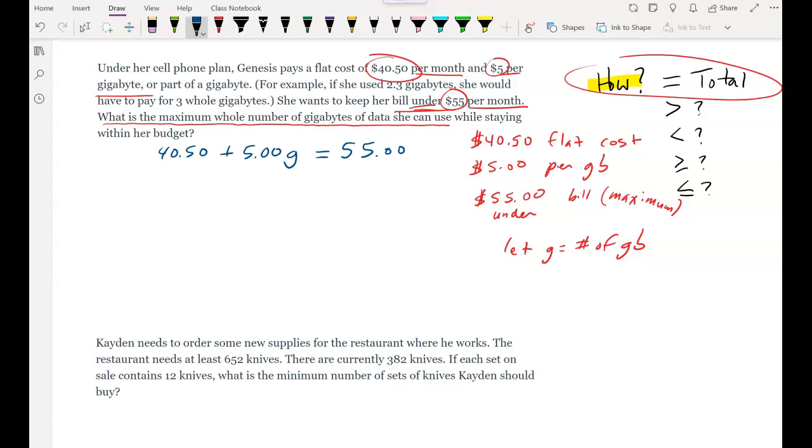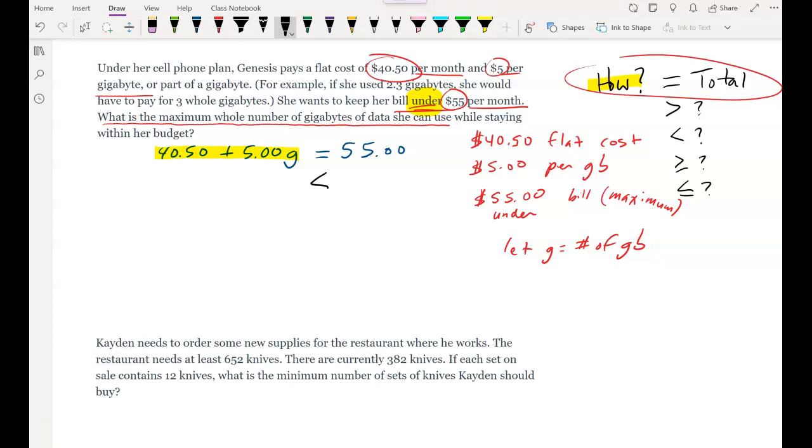Now that we have the equation written, we have to change it to an inequality. Can this side that I have highlighted here, the $40.50 plus the $5 per gigabyte, can that be more than $55? No, because it says she wants to keep it under $55. So it has to be less than $55.